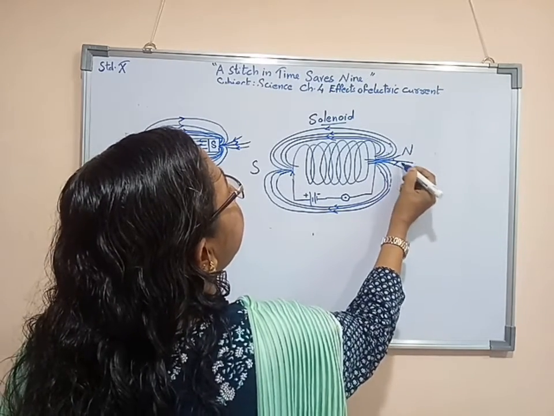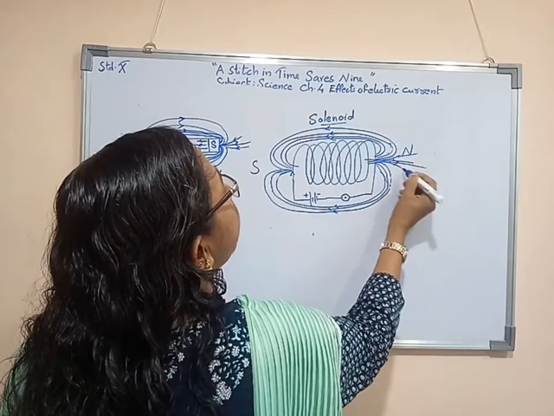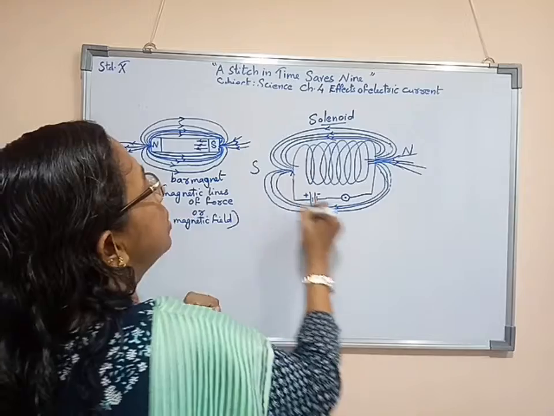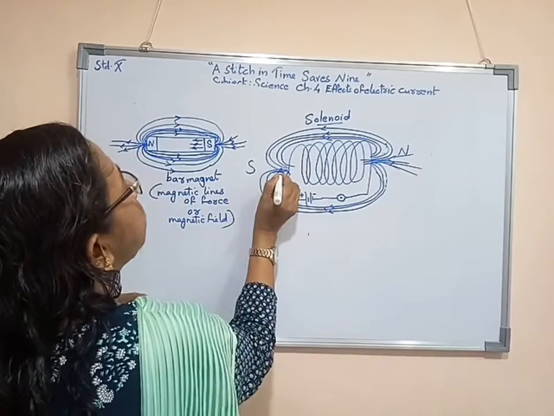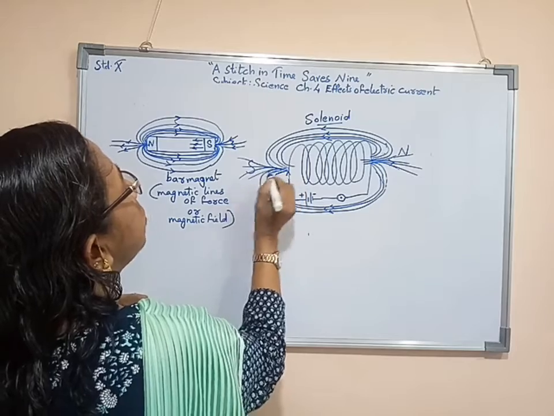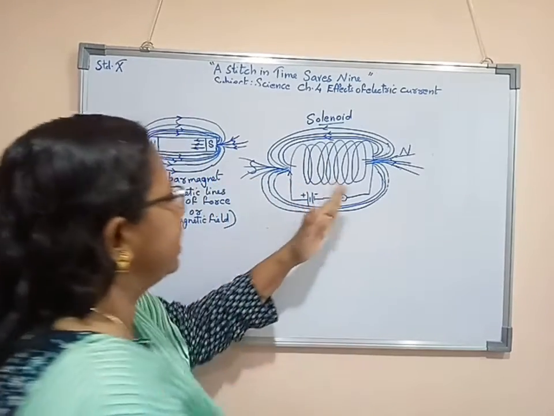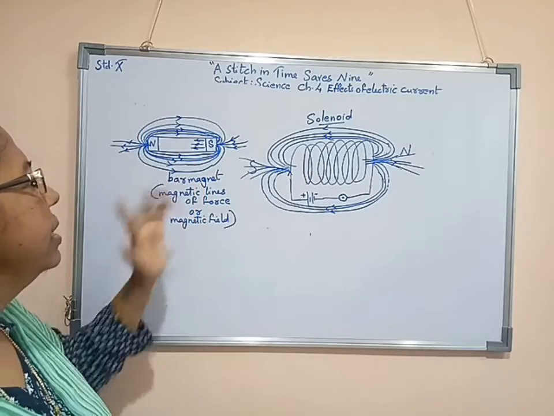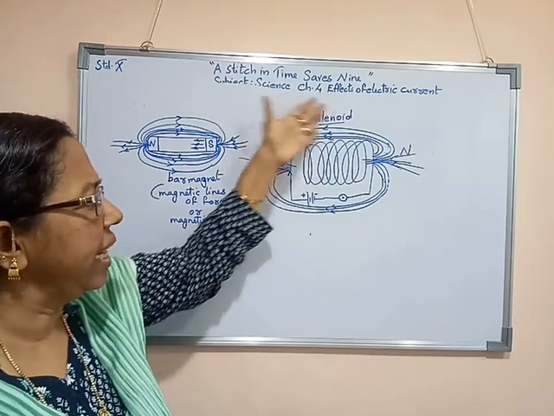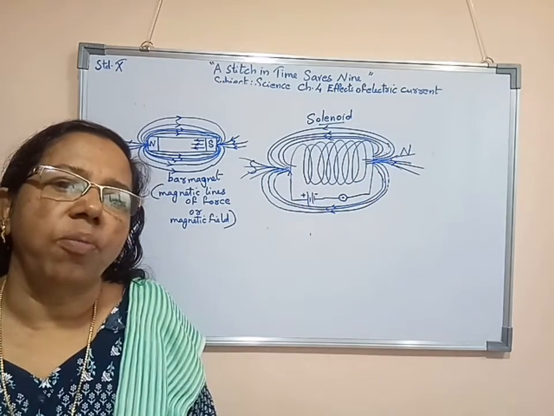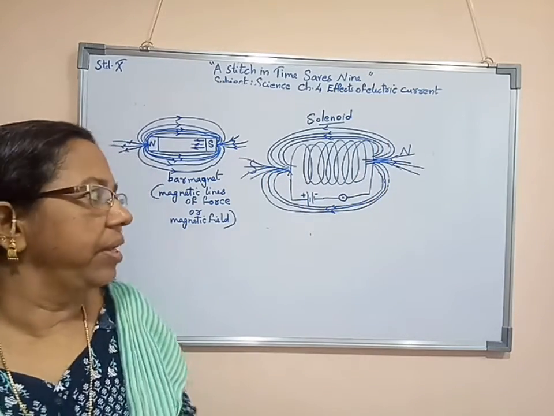Here you can find that magnetic lines are forming from the north pole, but they are unable to form the semi-circle. Like that I am showing you the magnetic lines of force. So just as the magnetic field lines are formed by the bar magnet, the same magnetic field lines are formed by the solenoid.